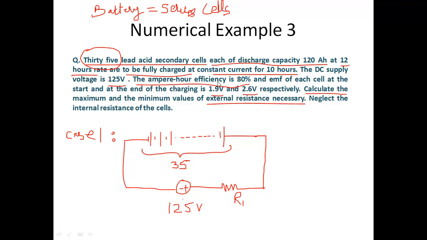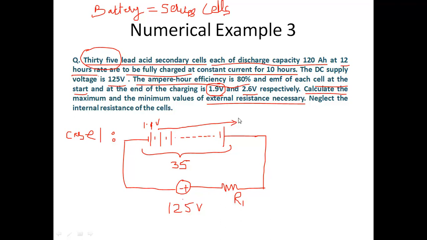Now another data has been given over here, that each cell at the start of the charging has a voltage of 1.9 volt. So we have 1.9 volt across each of the cells. What will be the total voltage across this branch?